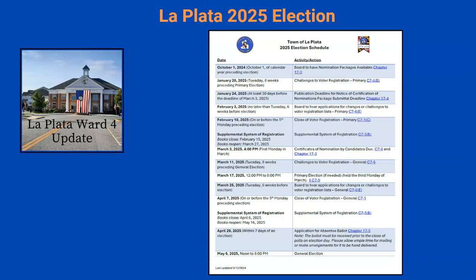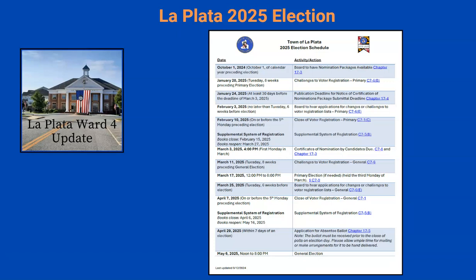Again, as I mentioned in the previous slide, if there are two qualified candidates running for the same ward, that is, you've got to be a resident of the town and a registered voter, which happened to me, there would be a runoff, if necessary, held March 17th, 2025.